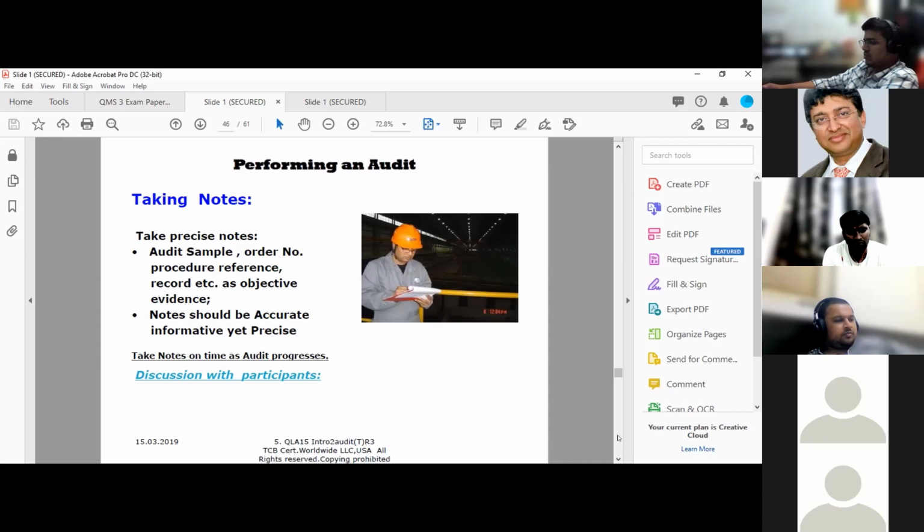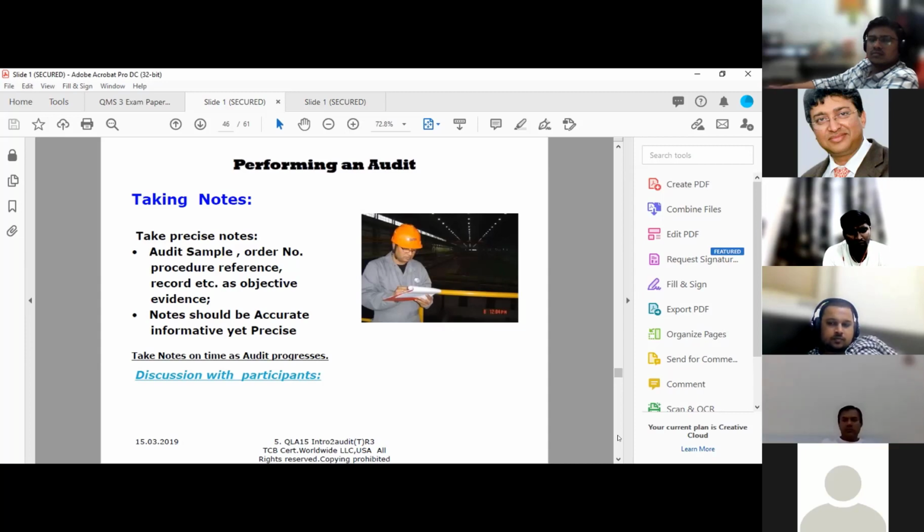Okay. Understood. Taking notes. This is the first thing I remember Abdul Haq was asking, how do you take notes? Abdul, you were asking this, and Blesson was taking good notes and I was taking good notes. This is an ability and attribute of an auditor.